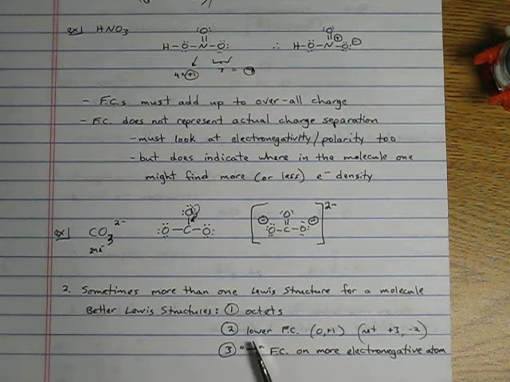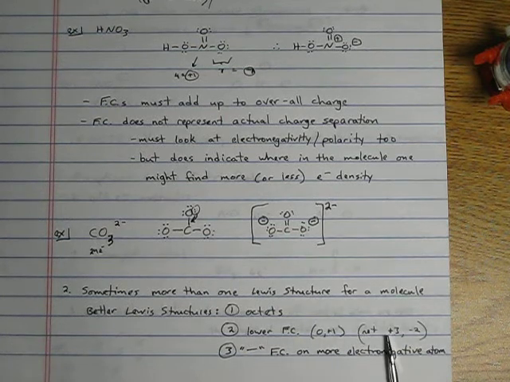So if you can draw a Lewis structure that has 0 or plus or minus 1 formal charges, that's okay. If for the same molecule you've got plus 3 and minus 2 and all these larger number formal charges, that's probably not a very good Lewis structure. Nature doesn't like to have lots of positive and negative charge. Nature likes to neutralize things.